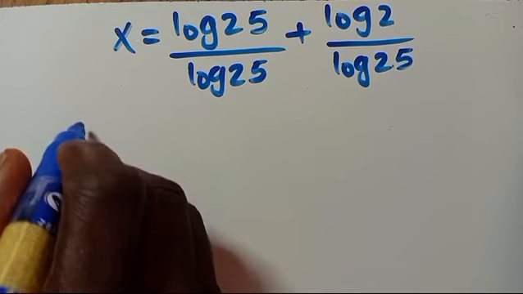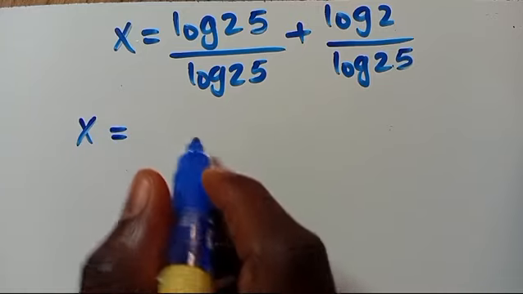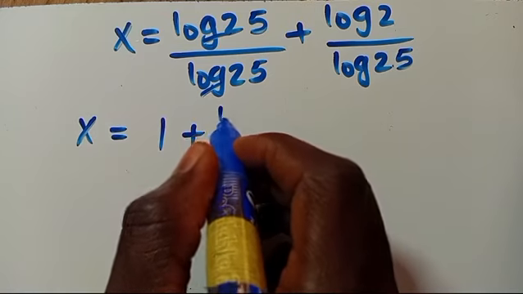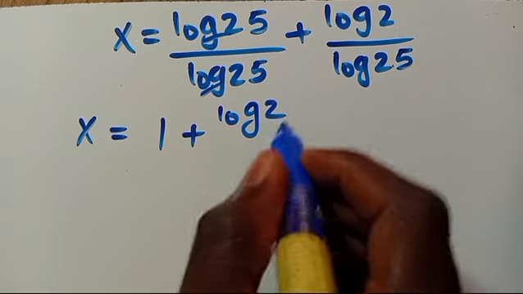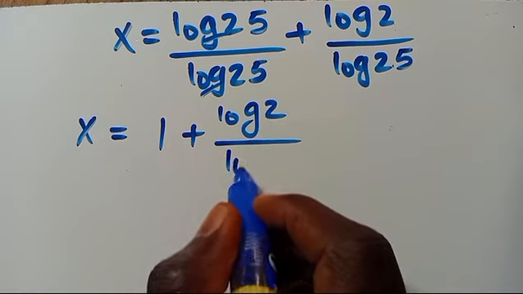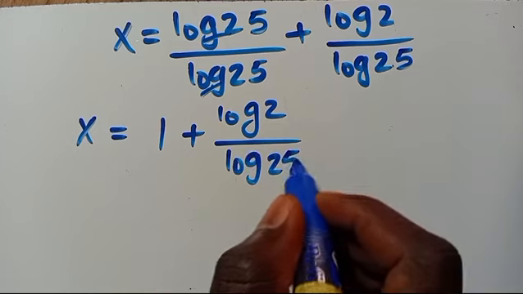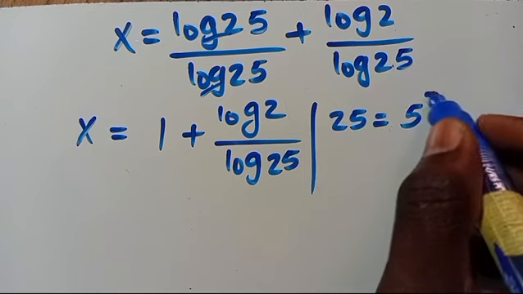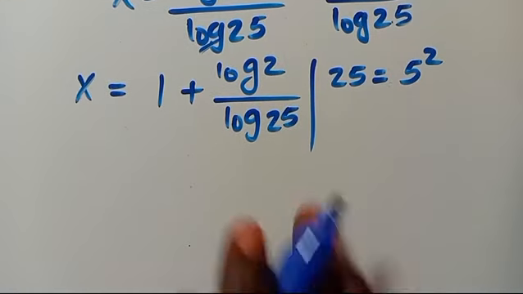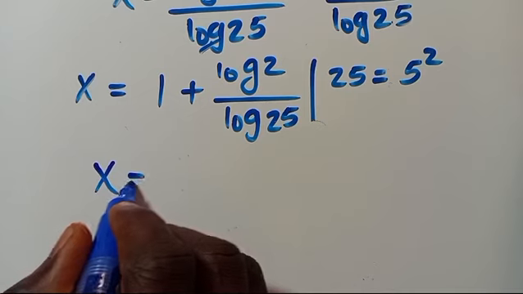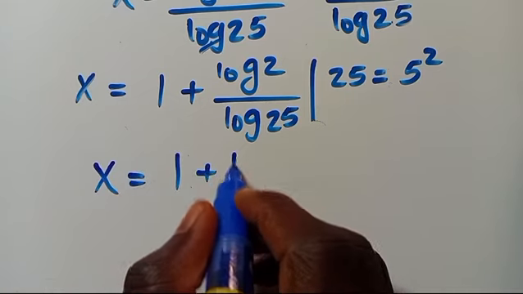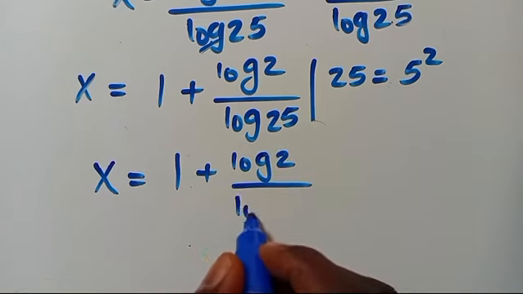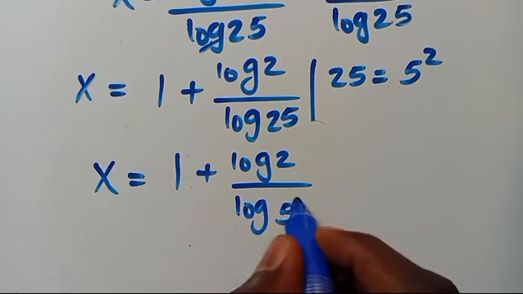So from here we have x to be, we cancel this out, 1 plus log 2 over log 25. Then we can have 25 as 5 to the power of 2. So we have x equals 1 plus log 2 over log 5 to the power of 2.